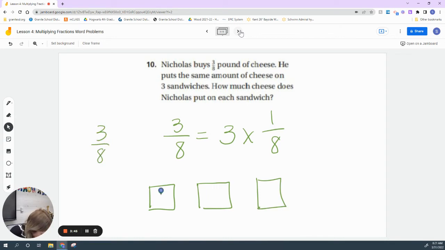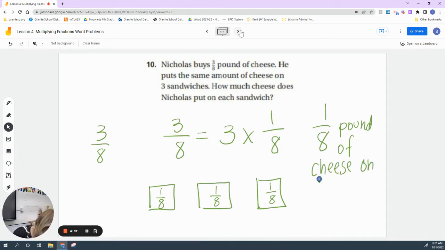So that means I have to do 1/8, 1/8, and 1/8 to get enough, right? So 1/8 is our answer. He puts 1/8 pound of cheese on his sandwich.